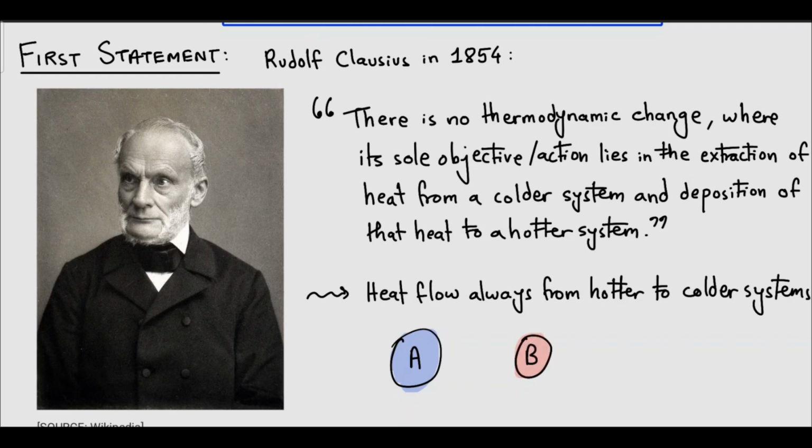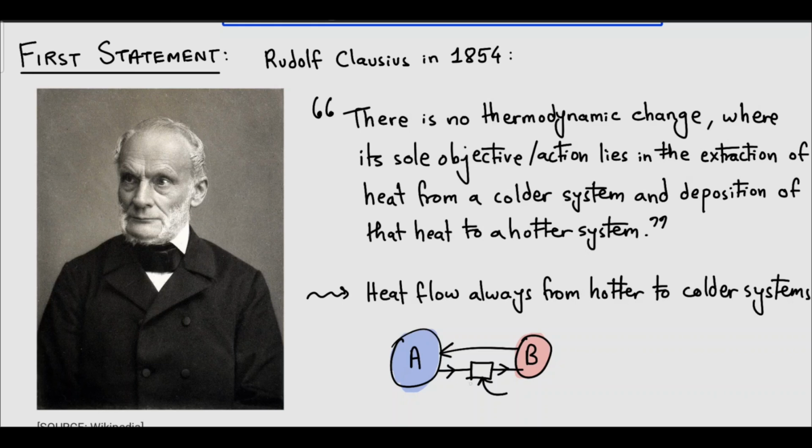So we would, from our daily experience, guess that maybe heat would flow from B to A. But we can also construct a machine that basically takes the heat from A and makes it even colder and deposits the heat in the heat reservoir, which is B. And this machine cannot be constructed in a way that it acts on its own without any exterior influence.